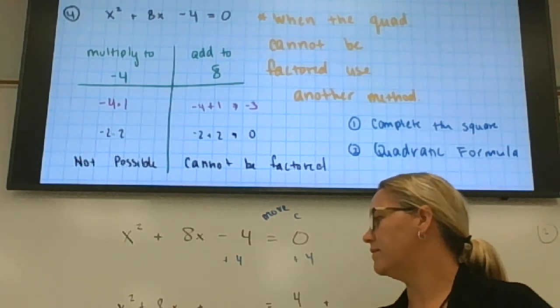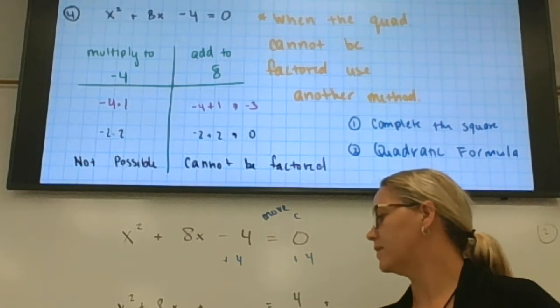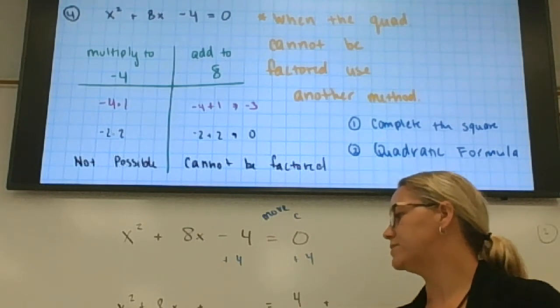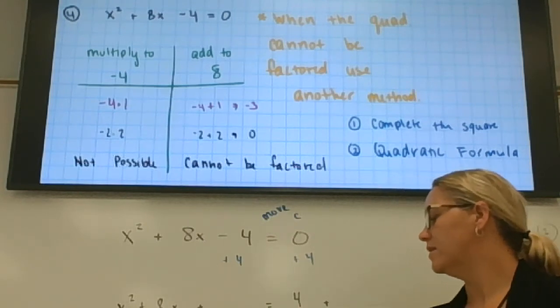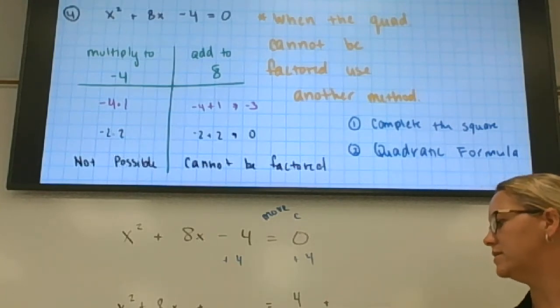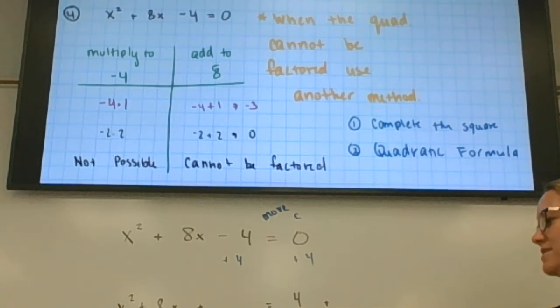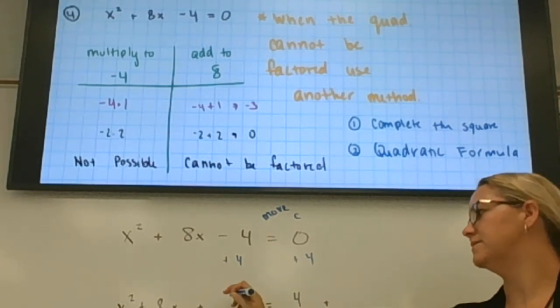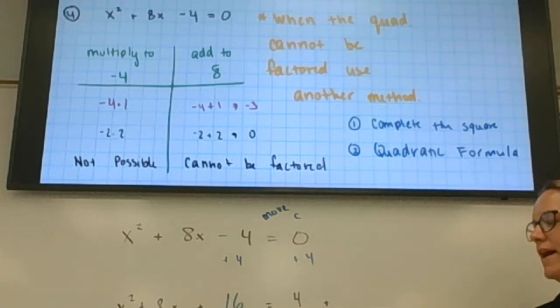You take this number in the middle, called b, you put it over 2, and you square it. So 8 divided by 2 is 4, squared is 16. So I'm going to make this problem have a 16 in it. With algebra, whatever you do to the left side, you do to the right side.